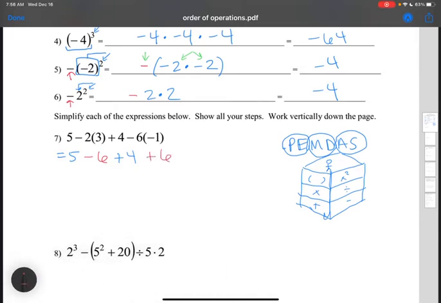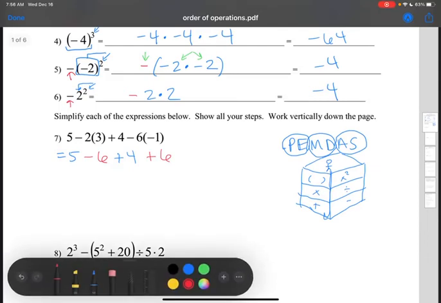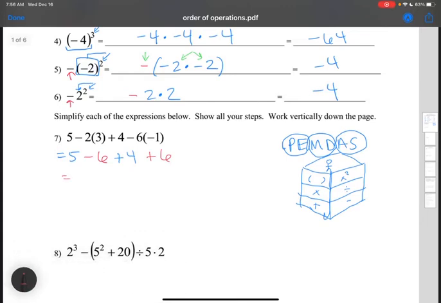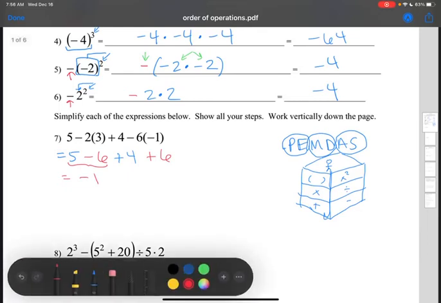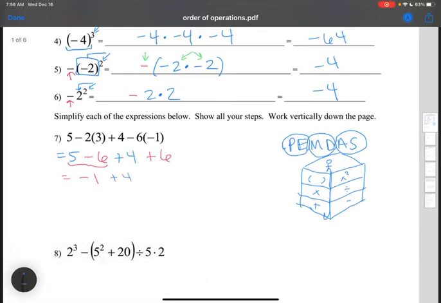Okay, now do you see on this one how subtraction comes before addition? So that's totally fine. Remember, they're at the same level of importance. So now we just work left to right. Okay, so we have equals 5 minus 6 is a -1. And we'll bring down the rest.